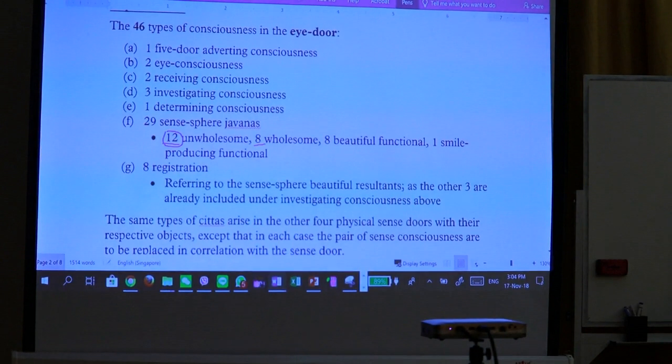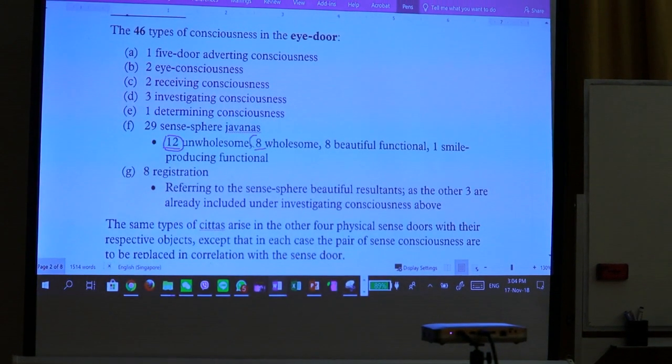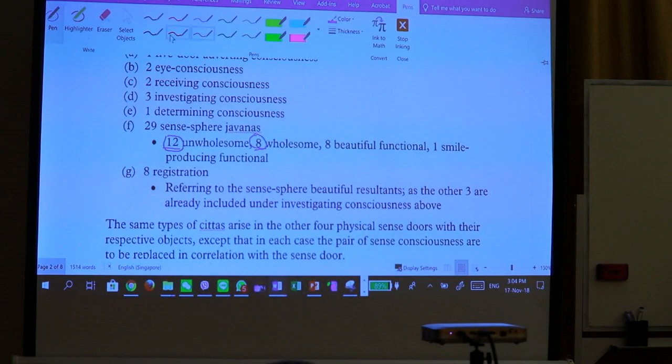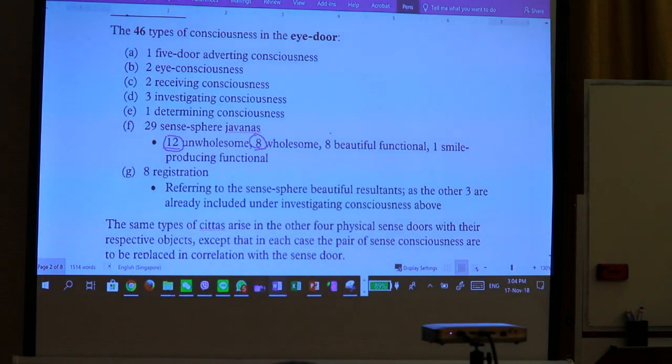12, 8. For the Arahat who has destroyed the taints, there are 9. One is the smiling consciousness. Another is one of the 8 great resultant, great functional minds.